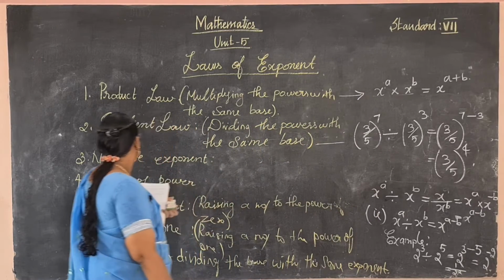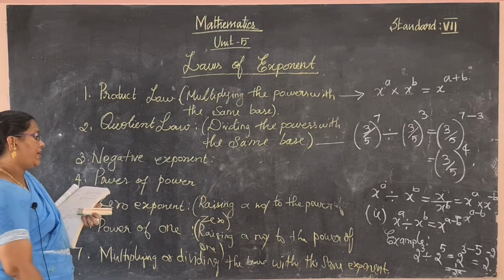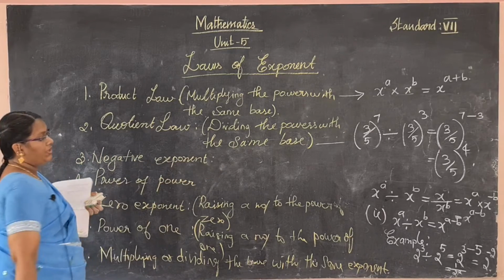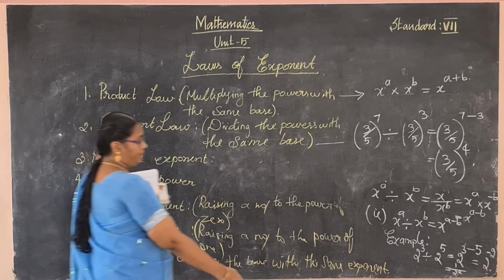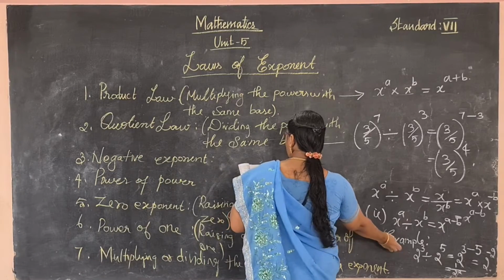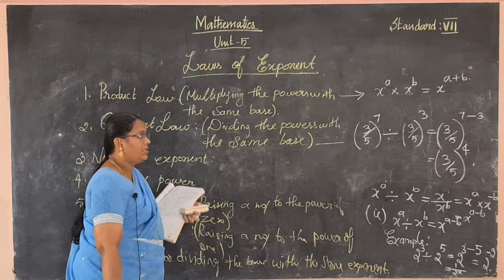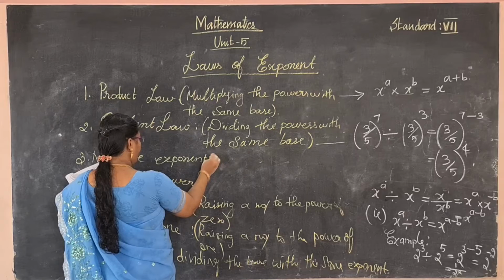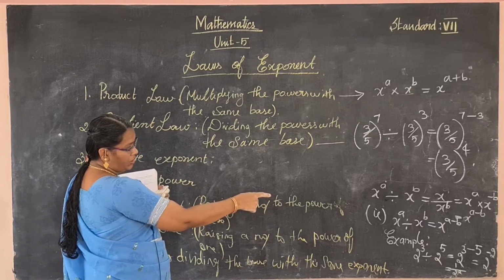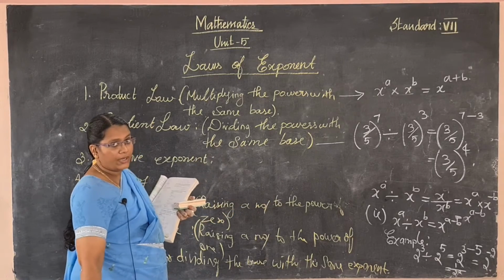Now move to the next one, negative exponent. We have an example of it. 2 power minus 2 is a negative exponent.